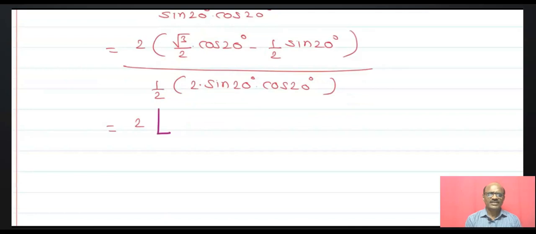Now all are 20, 20. Therefore this 2 upon 1 upon 2 becomes 4.